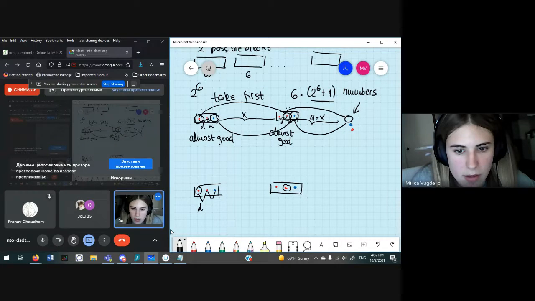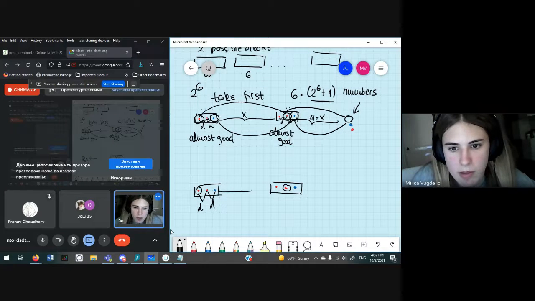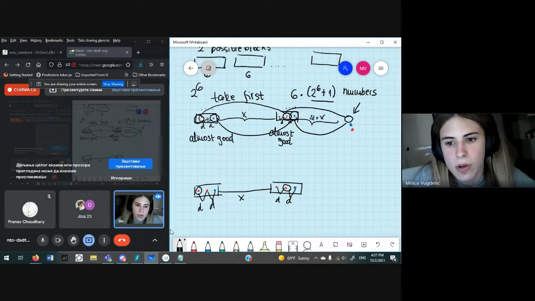If this difference were D, this one is also D, and then this one is X, this one is D, this one is D. Then the difference between these 2 red ones would be 3D plus X. So you would go another X and 2D to this one.